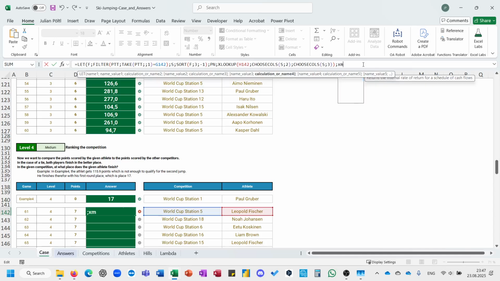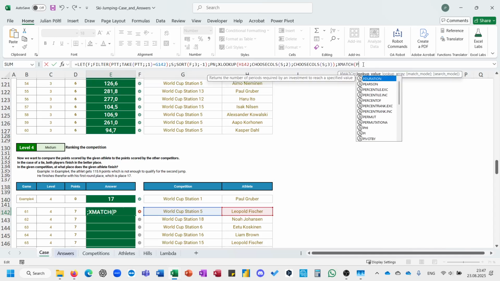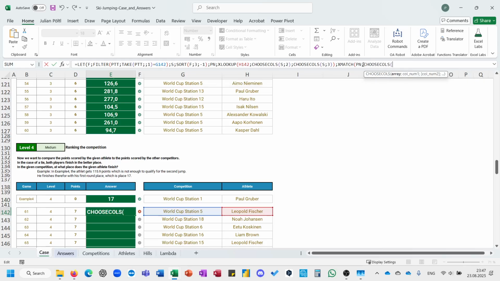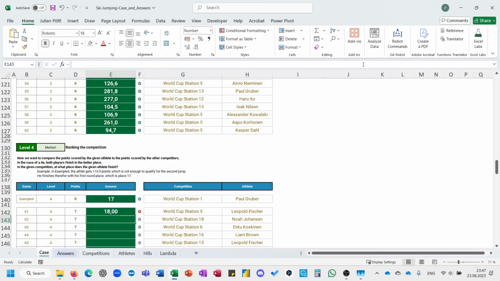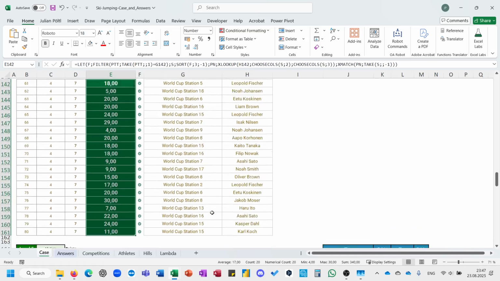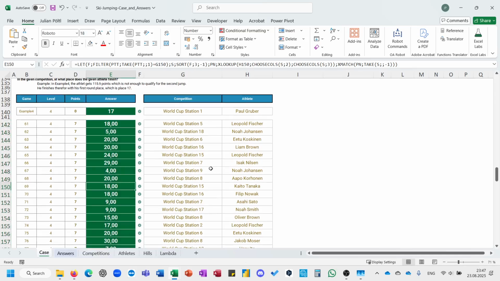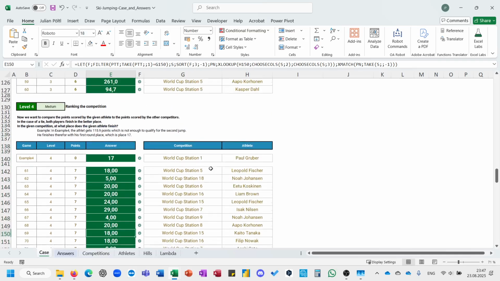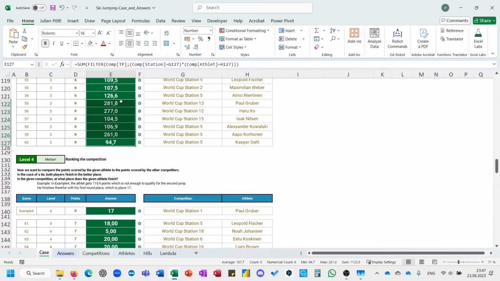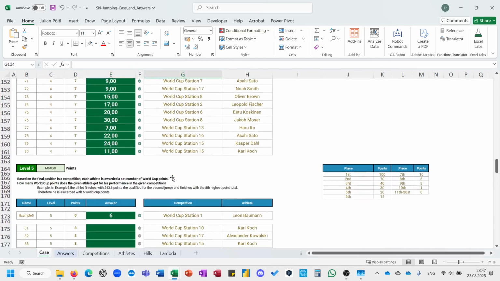And now I do an XMATCH for the points of Leopold in choose cols, or I can also use take as last column. And I get his points, and also for everyone else, and this is with the proper matching for the ranks, even if there's a tie.